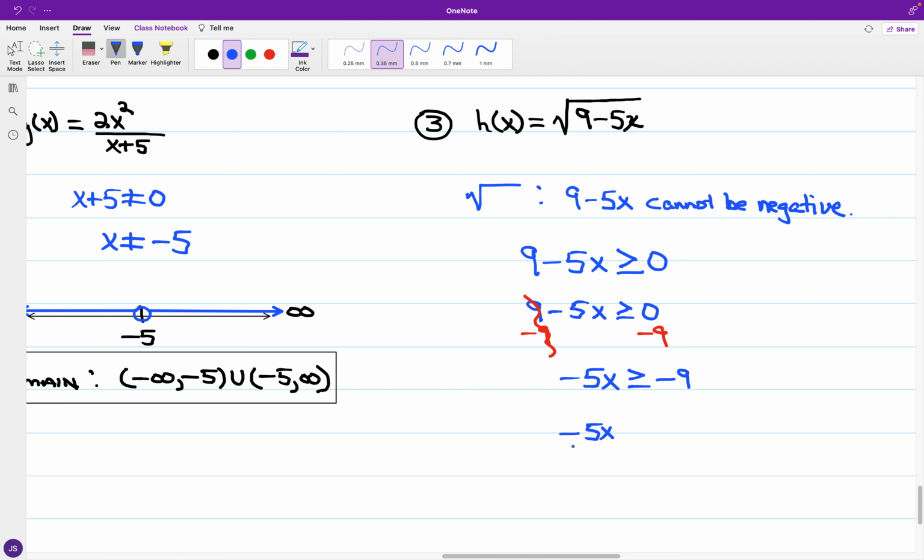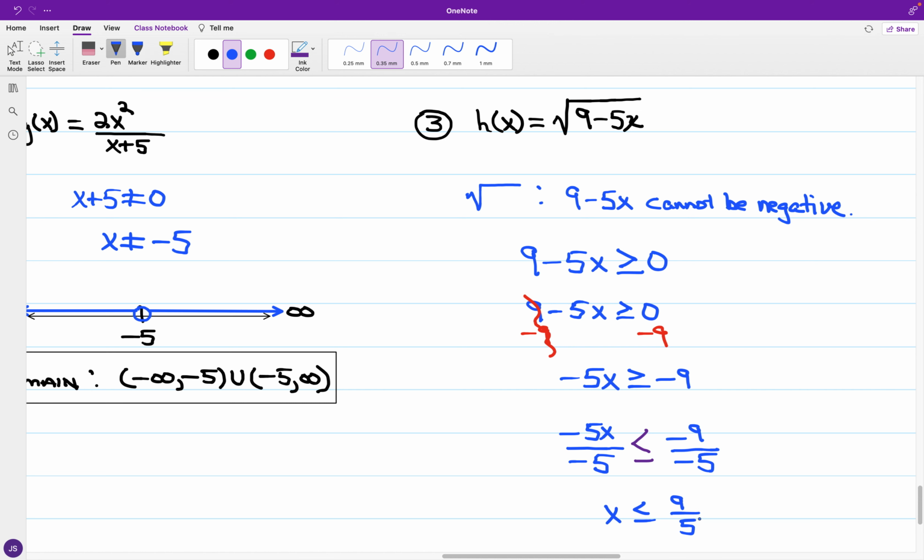Again, the thing that's oftentimes easy to overlook is whenever you multiply or divide by a negative, you change the direction of the inequality. So we're transitioning from greater than or equal to less than or equal to. And so in this case, we're going to have that x is less than or equal to, and negative over negative becomes a positive.